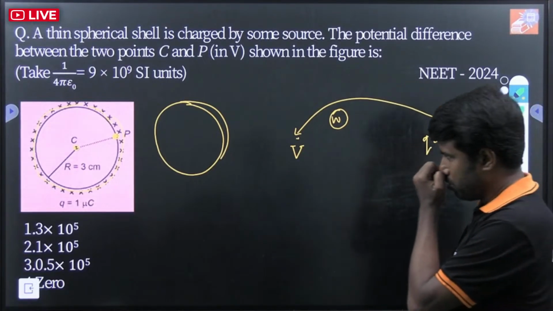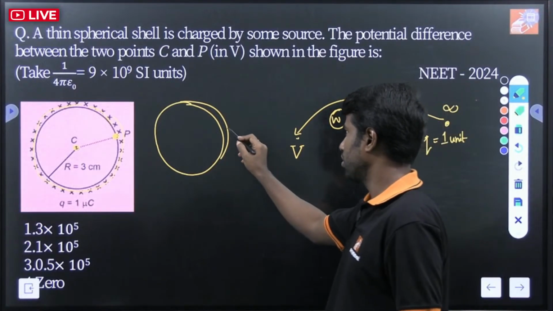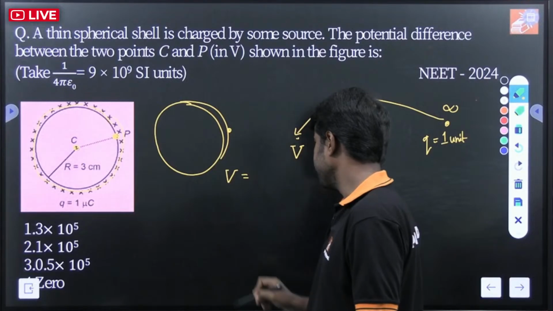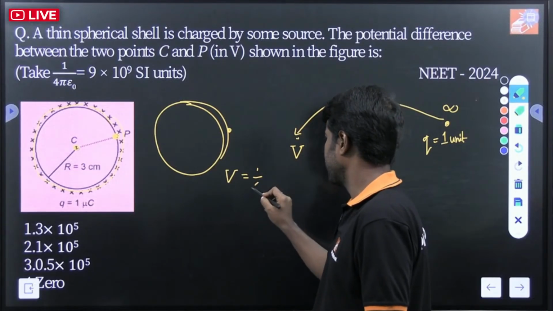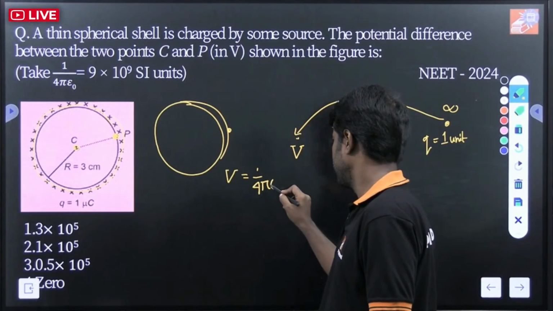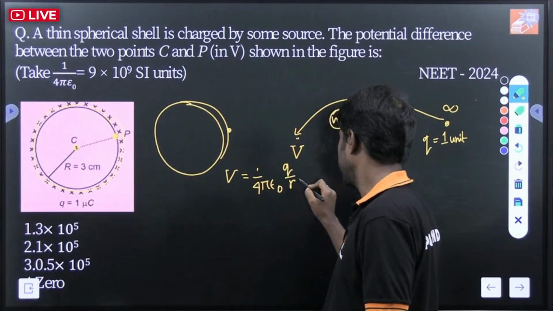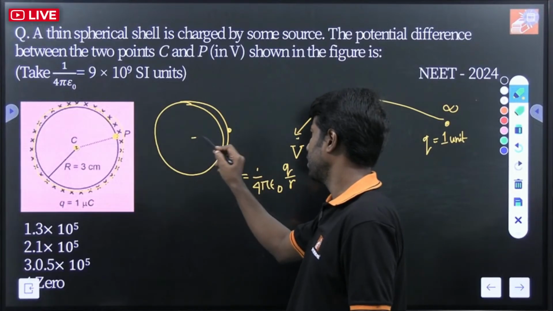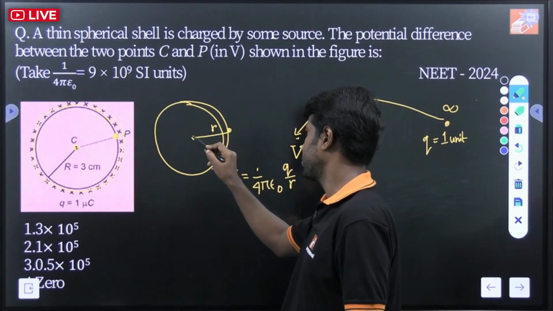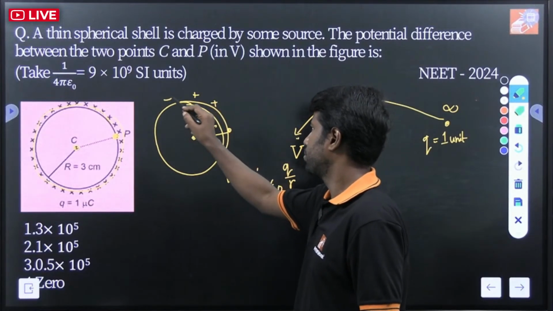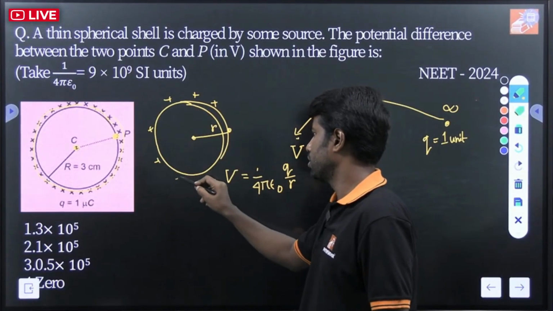So from there we know the potential on the surface is V surface equal to 1 by 4 pi epsilon naught Q by R, where R is the distance from the center of this sphere and Q is the charge given to this sphere. So you know this formula.